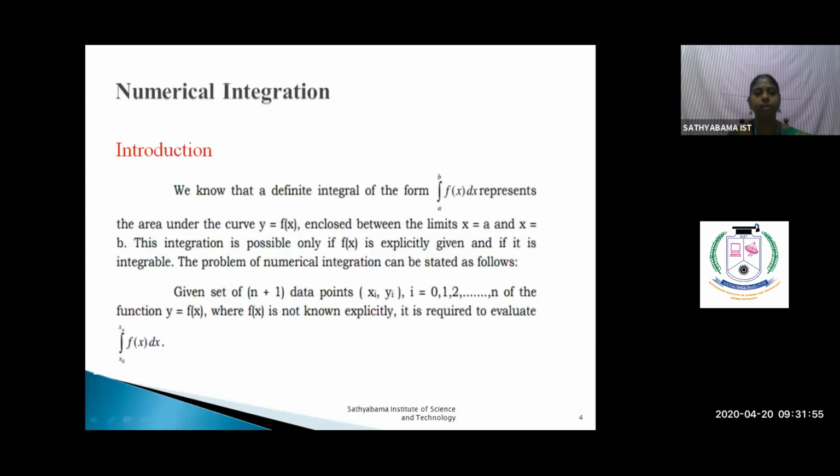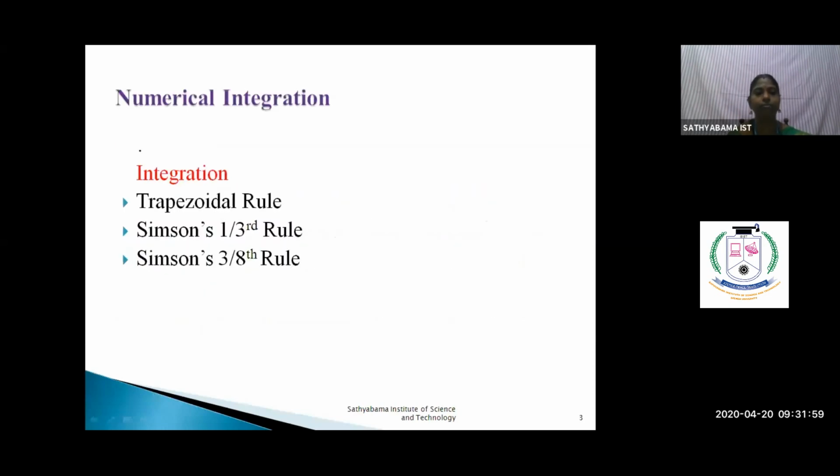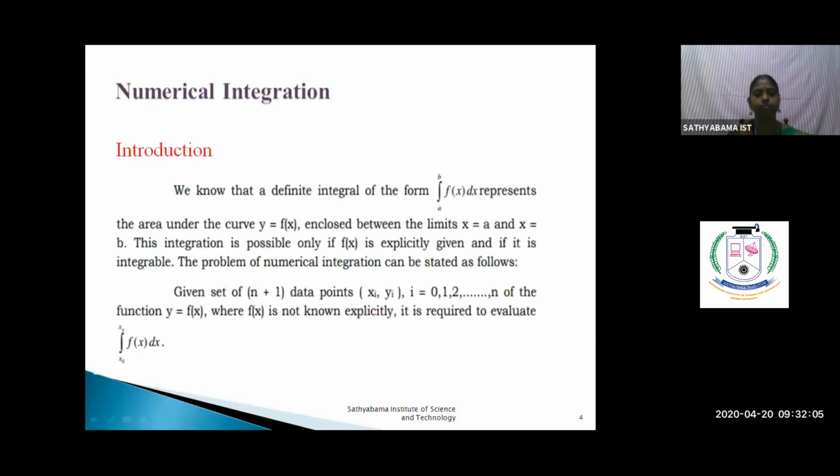Approximately we will get the result by any one of these three formulas: trapezoidal rule, Simpson's 1/3 rule, Simpson's 3/8 rule. If f of x is not known explicitly, the data will be given as n plus 1 pair xi, yi.